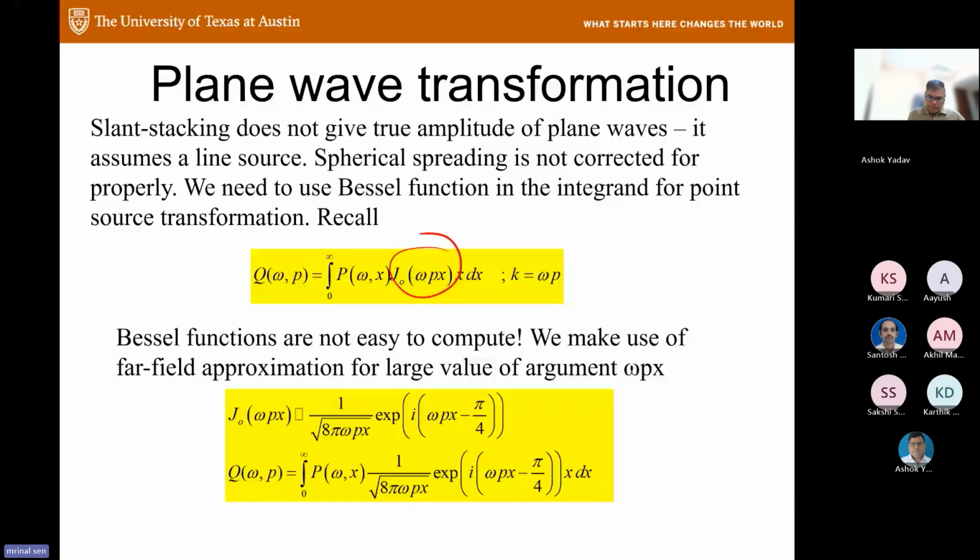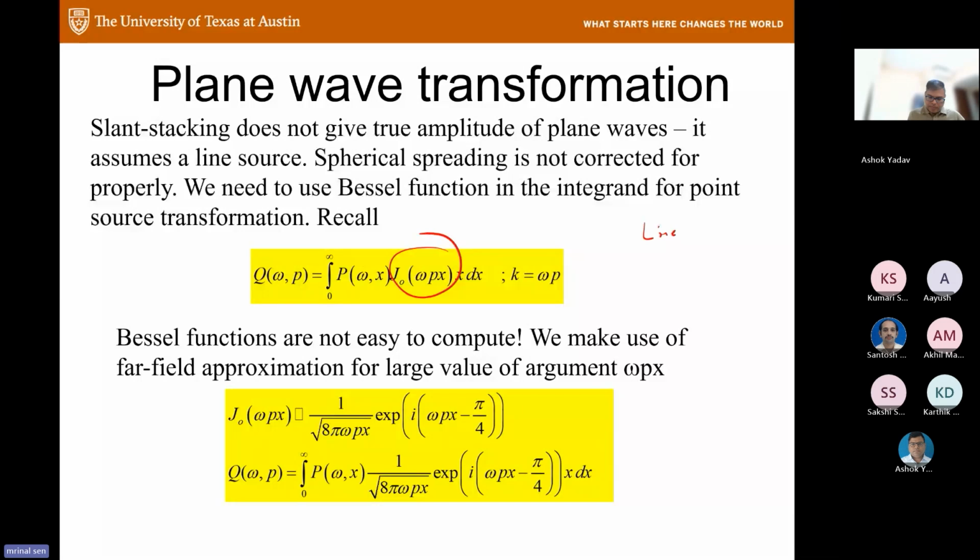Now if you use a true plane wave transform, not the tau-p transform, whose argument is a Bessel function of some form, for an acoustic medium and pressure sources it's a zeroth-order Bessel function, then you can get the correct amplitude back and forth.